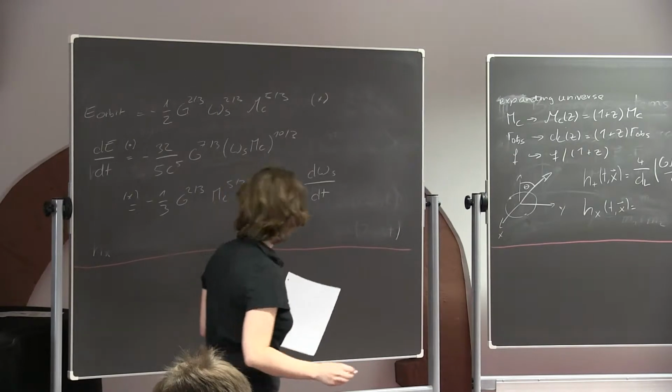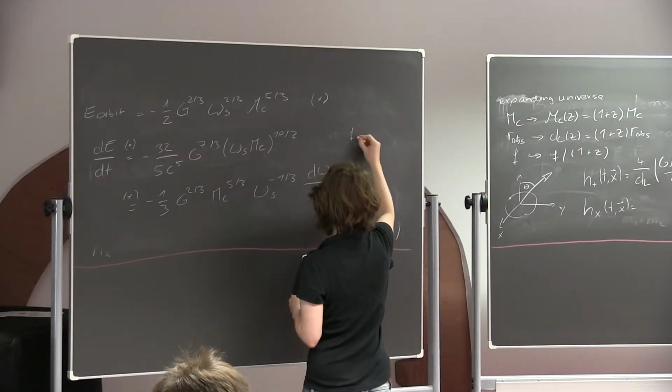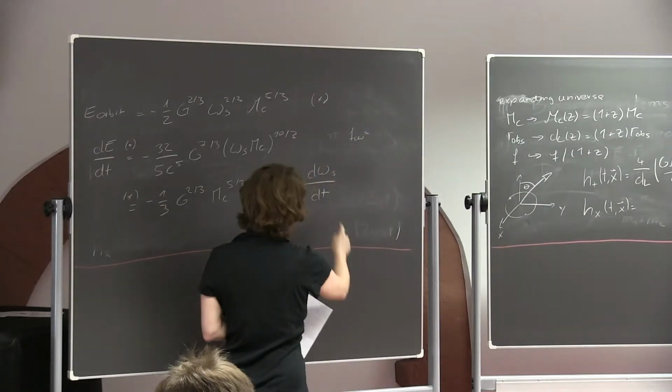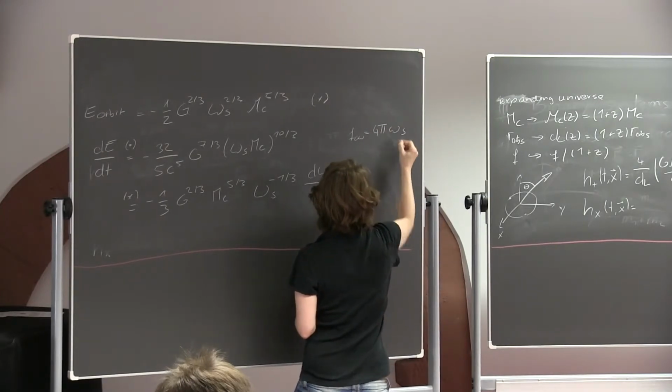Okay, and now recall that the frequency of the gravitational waves is given by twice the frequency of the system. So it's 4 pi omega s.